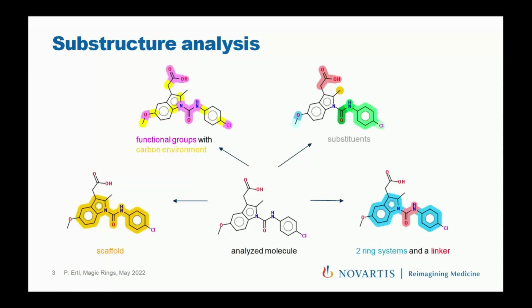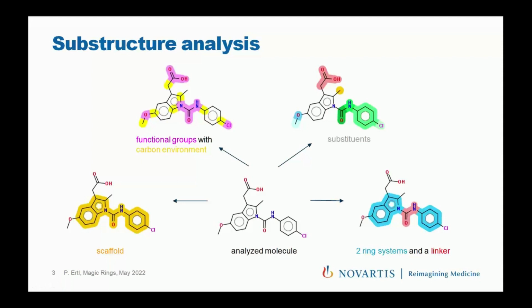Linker is the non-ring atoms connecting the ring systems, and ring systems themselves are either a simple single ring or a collection of fused or spiro rings, like in this case. In the rest of my presentation, I will focus on the ring system. So when I speak about rings or ring systems, that's it.